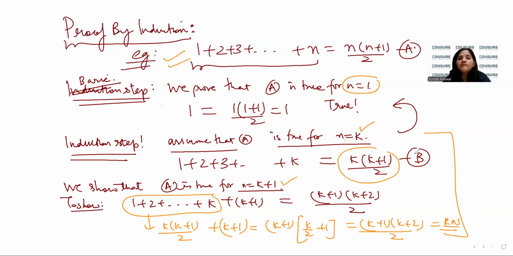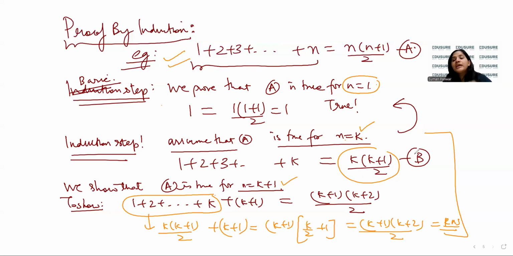So basically, we do not know how to prove it for each and every natural number, because there are so many natural numbers. So what we do, we choose the basic step, a particular natural number. It is like climbing stairs. We verify that on step number 1, something is happening.